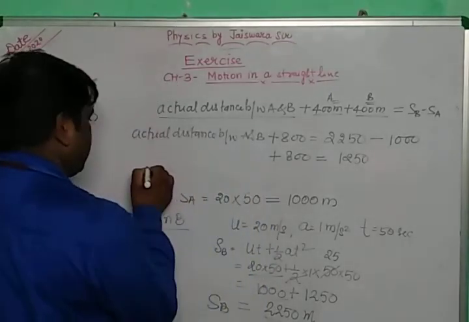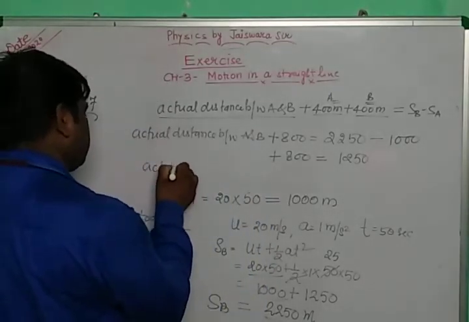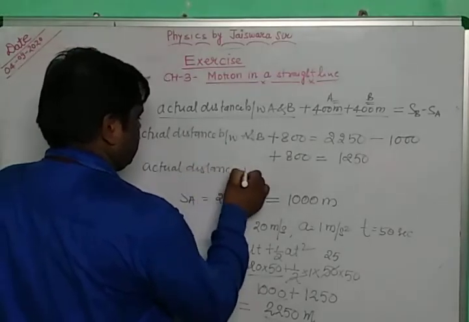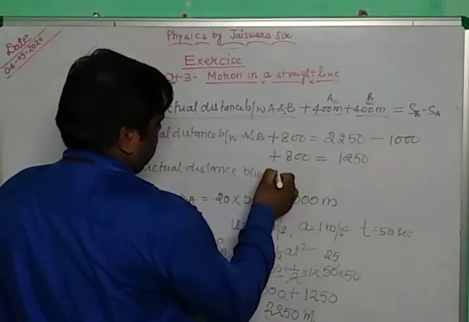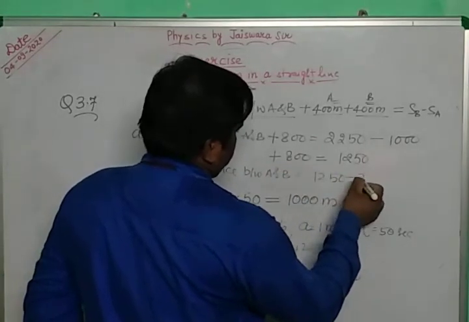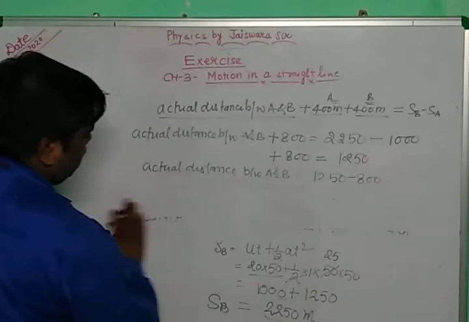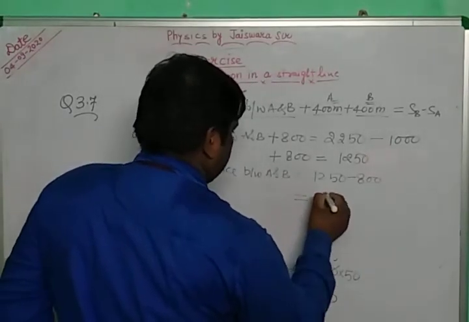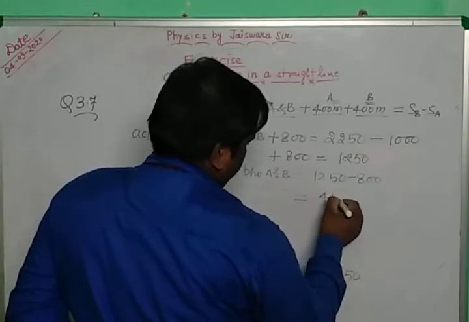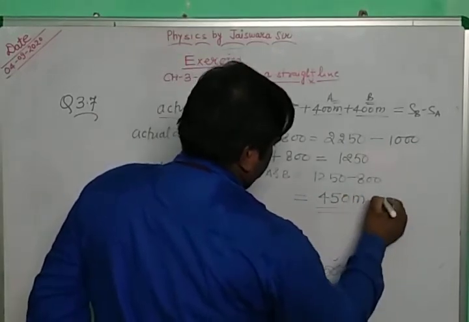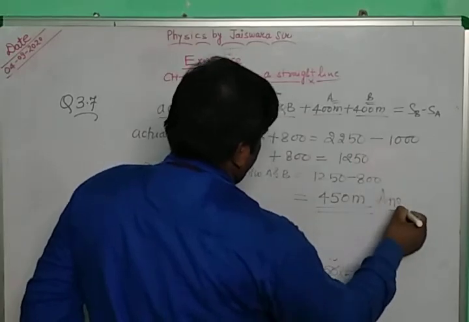So the actual distance between train A and B will be 1250 minus 800, and we get 450 meter. This will be the answer.